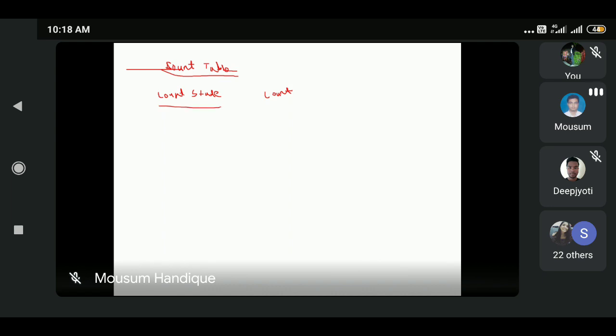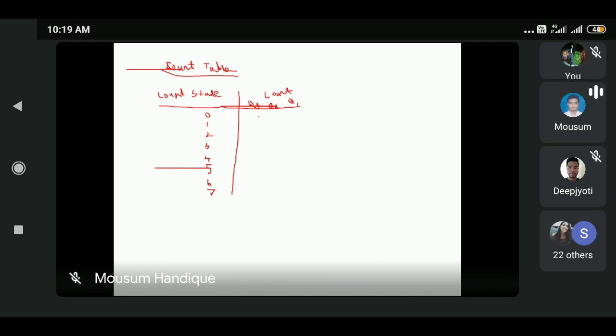Suppose here this one is Q3, Q2, and this one is Q1. Count state means the first count state 1, 2, 3, 4, 5, 6, 7.